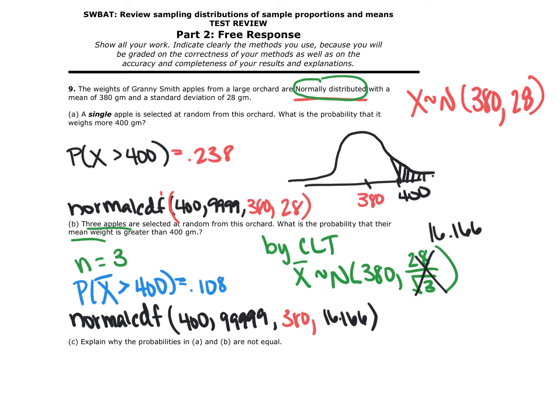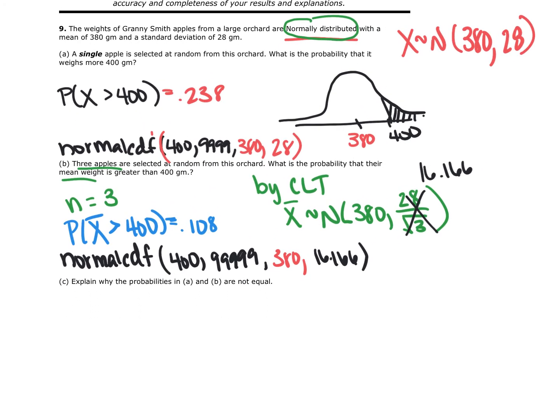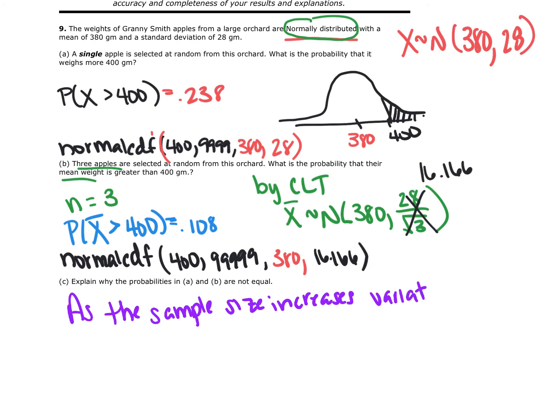So it says explain why the probabilities in A and B are not equal. And that's because in A, you looked at a single value. You looked at a single apple. In B, you looked at a group of apples. The group should always have less variation than a single apple. So as the sample size increases, variation tends to decrease.